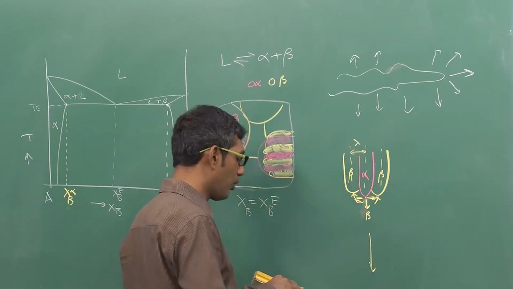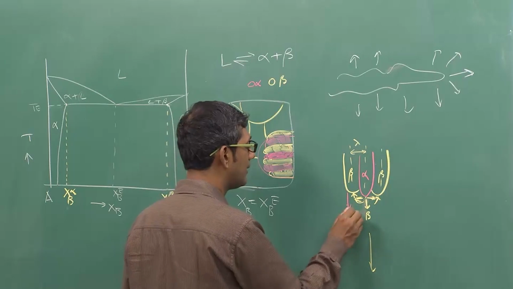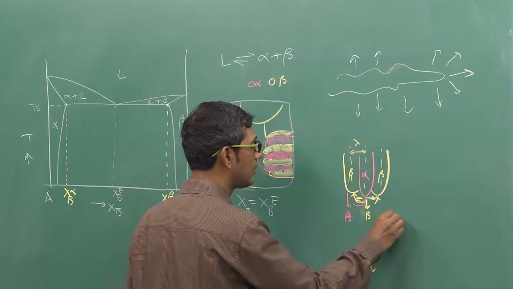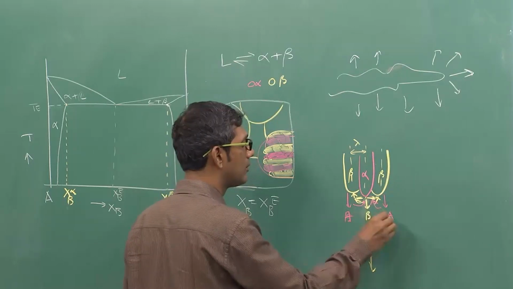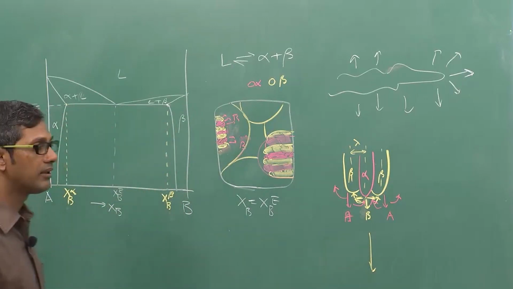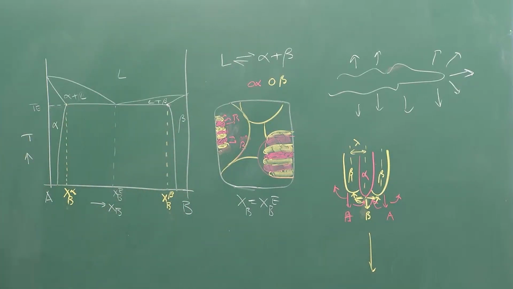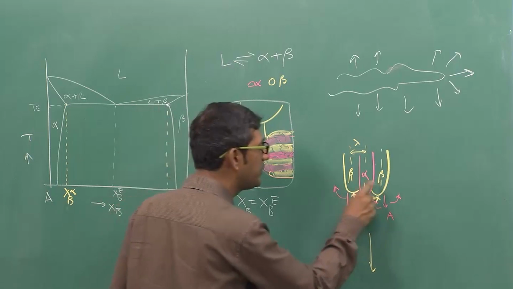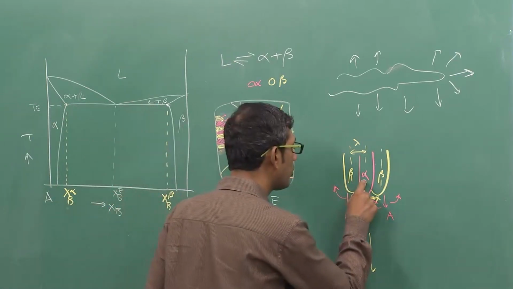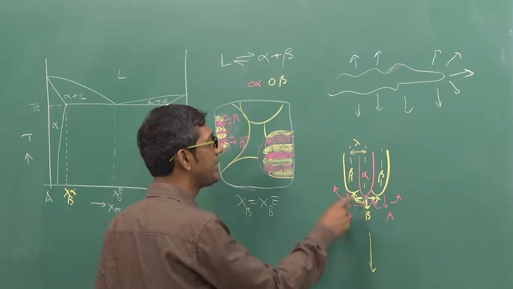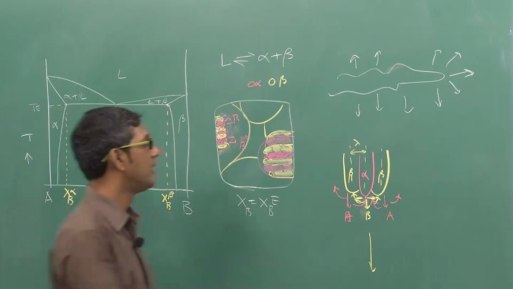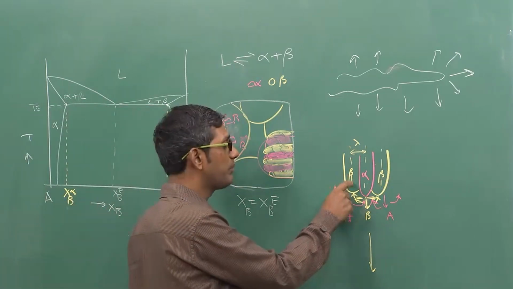Similarly, as the beta grows, it rejects A. This A can again be transported to the nearby alpha. So therefore, the growth of alpha and beta are coupled or cooperative. As the alpha grows, it rejects B. This B is used to feed the growth of beta, or this B is required for growth of beta.